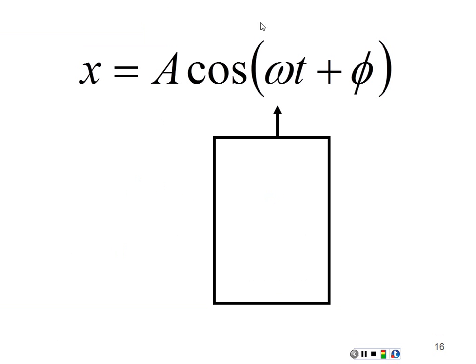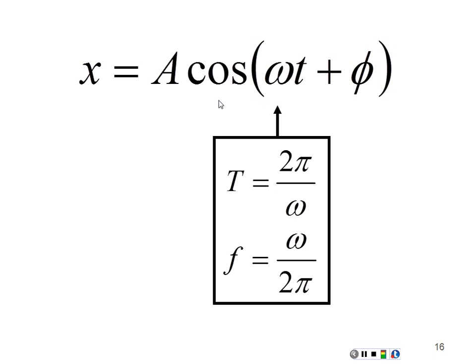From omega, that's in front of the t, I can get two other things. I know that the period is 2 pi over omega, and the frequency is 1 over the period, or omega divided by 2 pi. So omega, which is characterized before my oscillation even begins, will help me characterize also the period and the frequency.